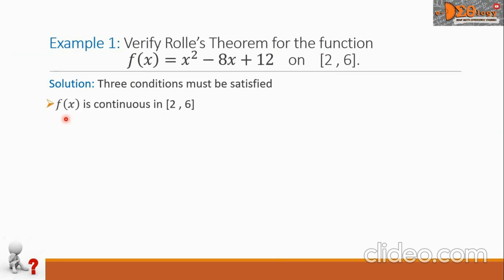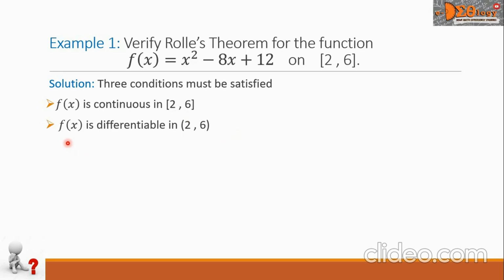The first condition is f of x is continuous in the closed interval from 2 to 6. Observing our function here, it is a quadratic function and can be represented by a parabola. We know that this graph is continuous, and it is also continuous in the closed interval from 2 to 6.